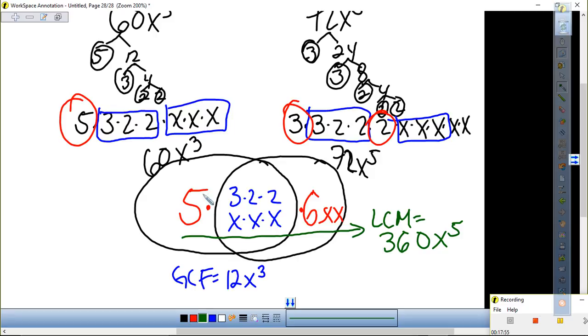Let's see. What is 5 times 72x to the 5th? 360x to the 5th. How about 6x squared times 60x cubed? 360x to the 5th. Okay, show me with your fingers how comfortable you are with these. Okay, let's see if you can do this one by yourself. Here we go.